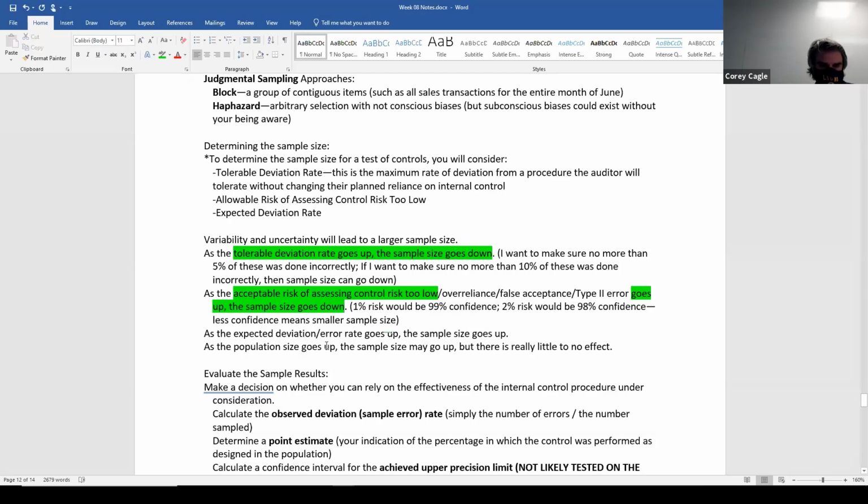Another way to say that is as over-reliance goes up, as false acceptance goes up, as type 2 error goes up, the sample size goes down. So if I'm allowing for more risk, if I'm more accepting of the risk of over-relying on controls, that'll result in me being more okay with a smaller sample size, if that makes sense.